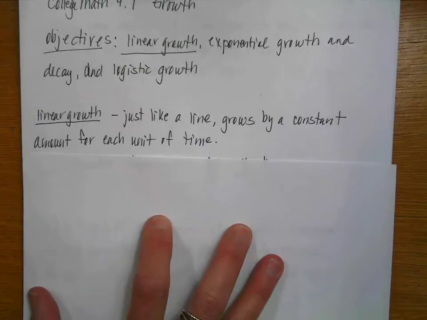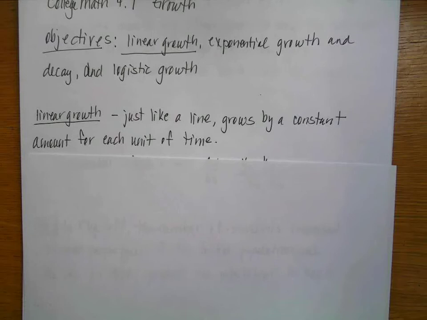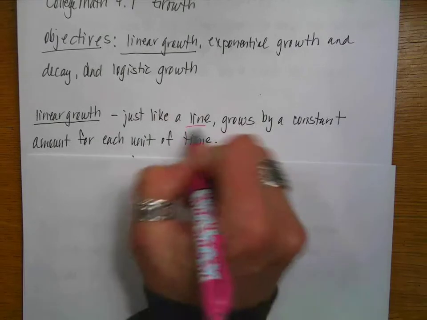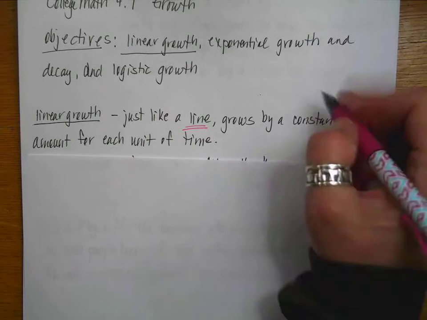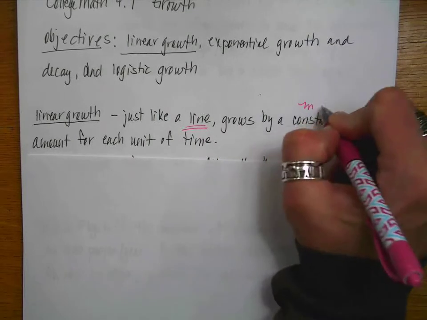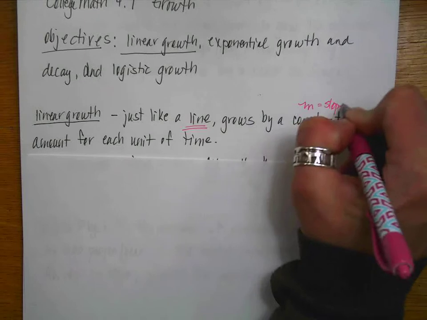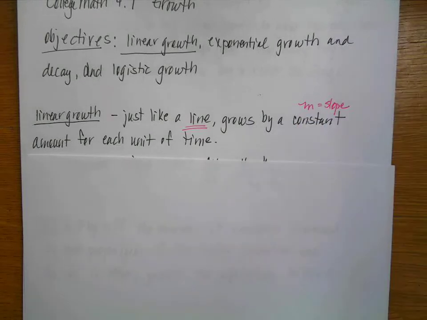So linear growth means it's just like a line, and it grows by a constant amount. This constant amount is going to be our slope for each unit of time.